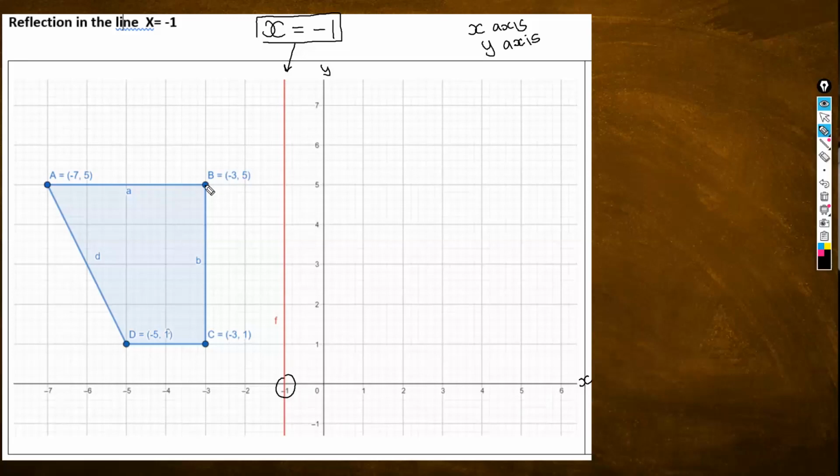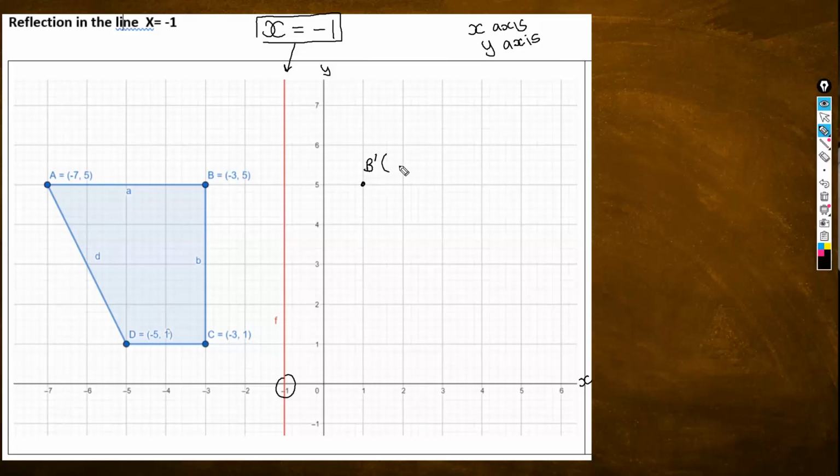Let's start with point B. Point B is how much from the mirror? How many blocks? 1, 2. So that means on the other side of the mirror, it will be 1, 2. B dash, so it will be how much? 1, 5.